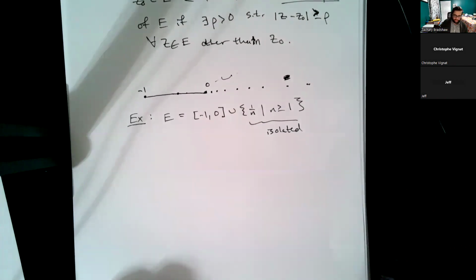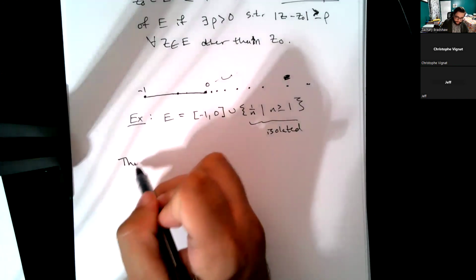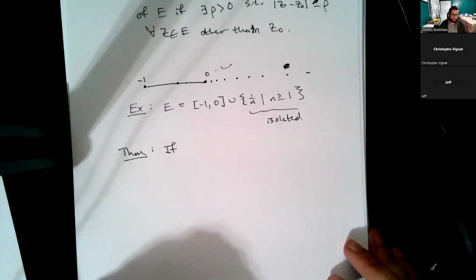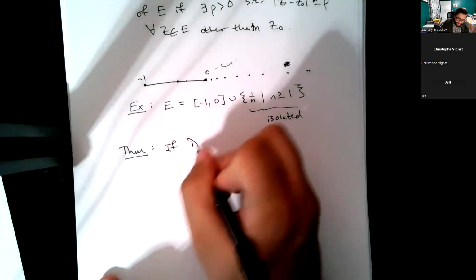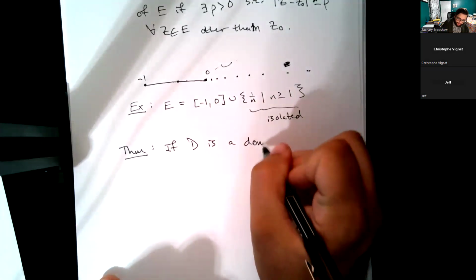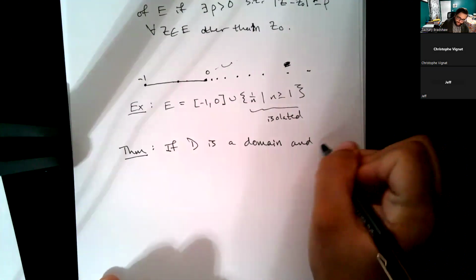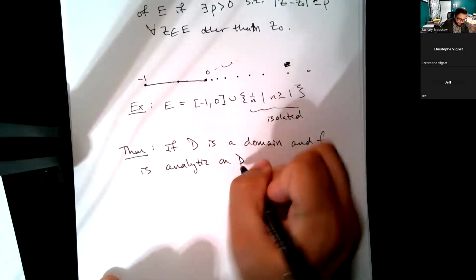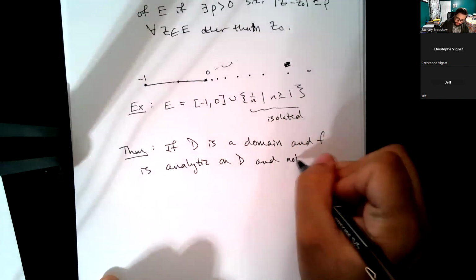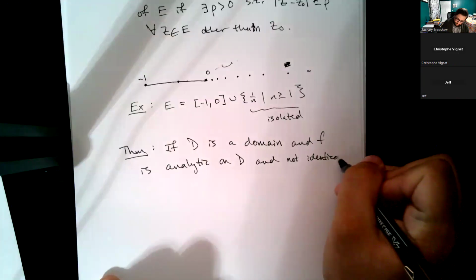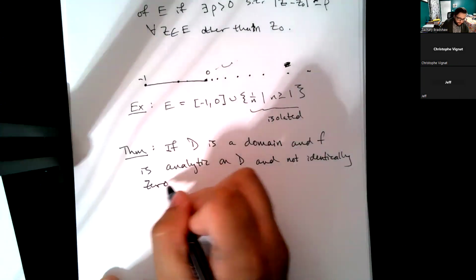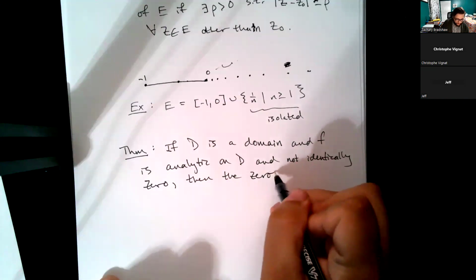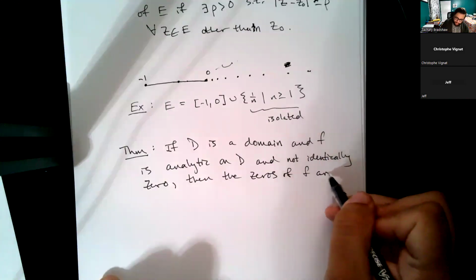All right, so let me state the theorem. Actually, this isn't the uniqueness principle. It's the theorem that implies the uniqueness principle. If D is a domain and F is analytic on D and not identically 0, that just means F is not the 0 function, then the zeros of F are isolated.